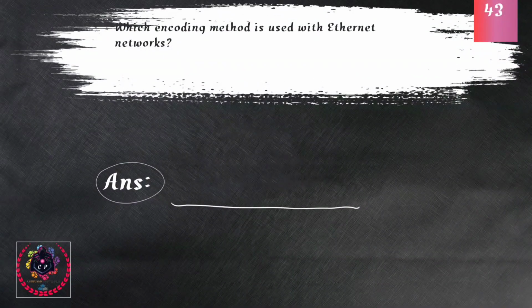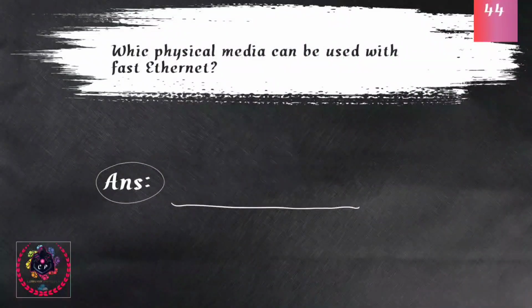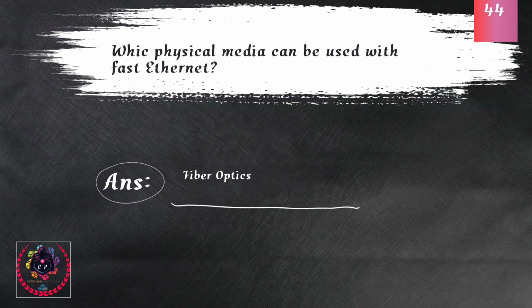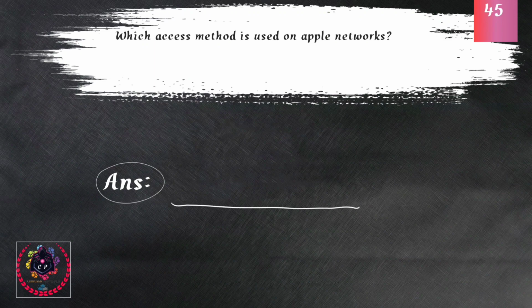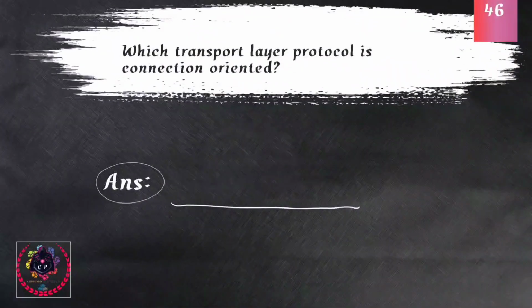Which encoding method is used with Ethernet networks? Manchester encoding. Which physical media can be used with Fast Ethernet? Fiber optics. Which access method is used on Apple networks? CSMA/CA. Which transport layer protocol is connection oriented? TCP.